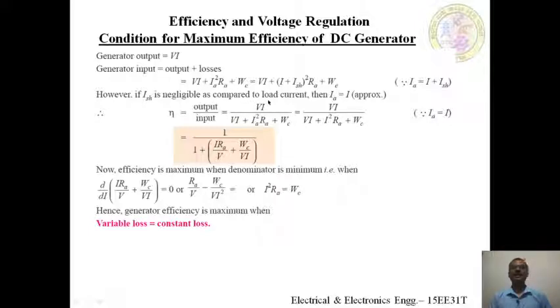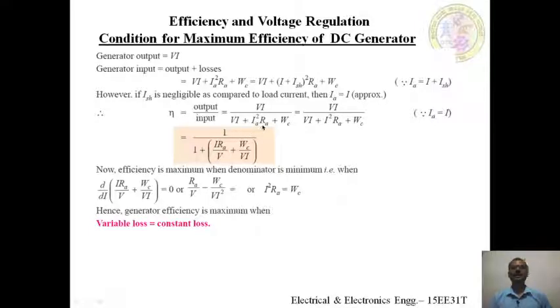If Ish is negligible compared to the load current, because Ish is too small compared to the load current, then Ia will be approximately equal to I. So then in the efficiency equation, by substituting these values of output and input, we get output Vi, and input, neglecting Ish.